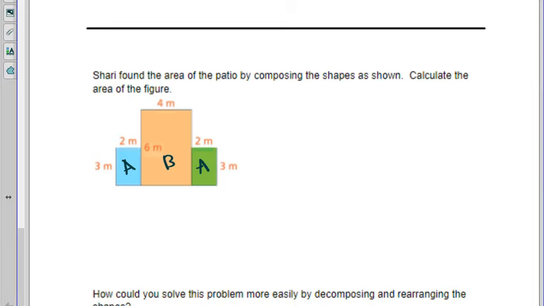Find the area of the individual shapes and then add them up. And then I want you to analyze that same figure and see if you can decompose and recompose it a little differently so that you can do it with one formula. My hint to you is look for how you can put that together to make a rectangle, and that's for this problem down here. Okay, so there's 2 for you to do.